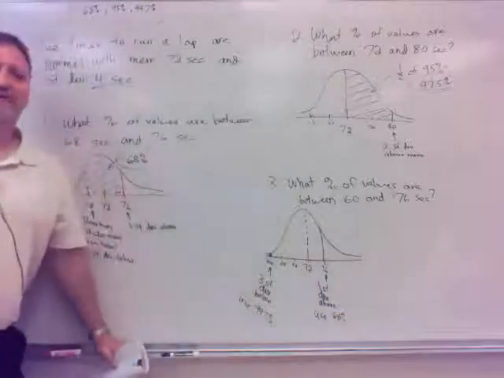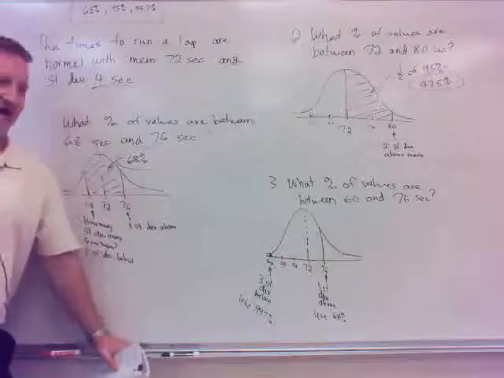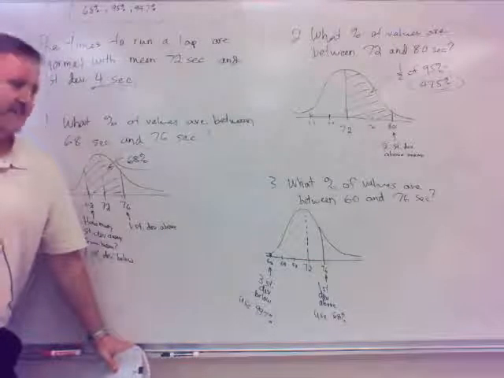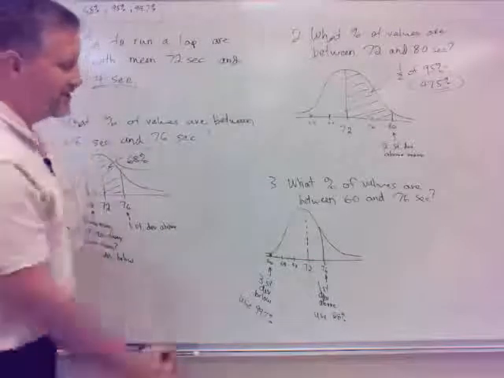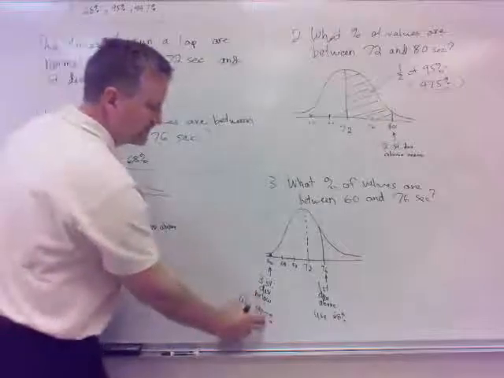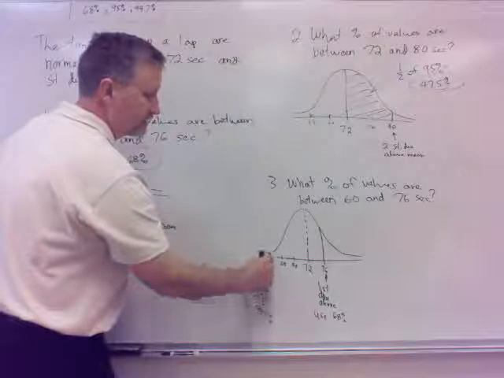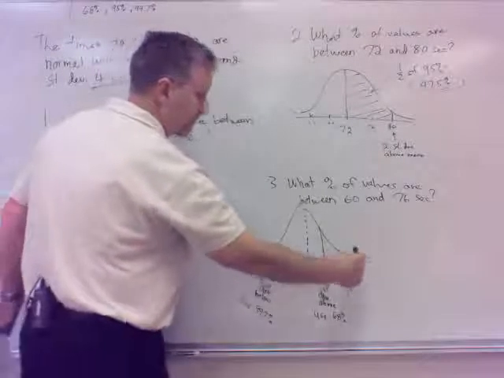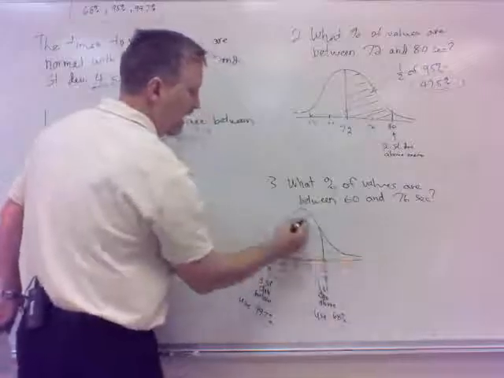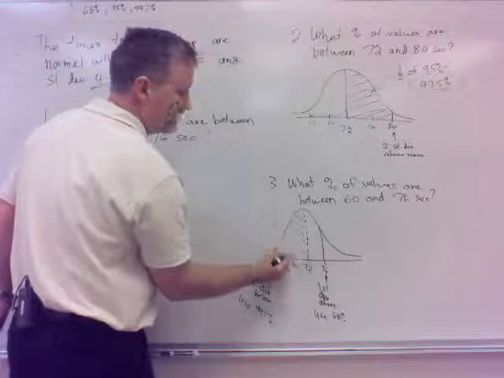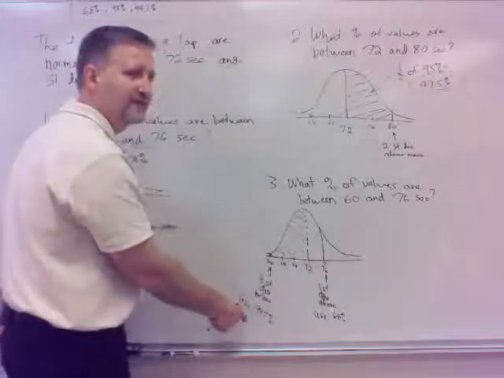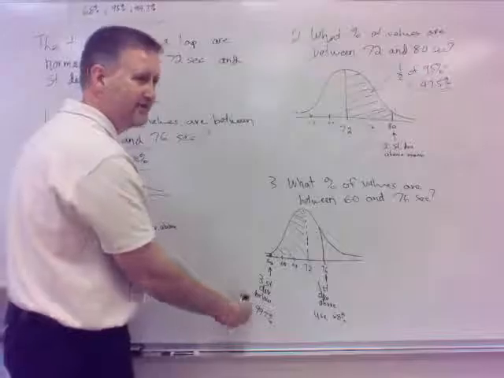However, I need to do a little work on them because I'm not going to add those, for one thing, because that would give me over 100%. Do you see here the 99.7% goes from 3 below to 3 above? I only want this much of it, so what do I have to do to the 99.7? Take half of it.